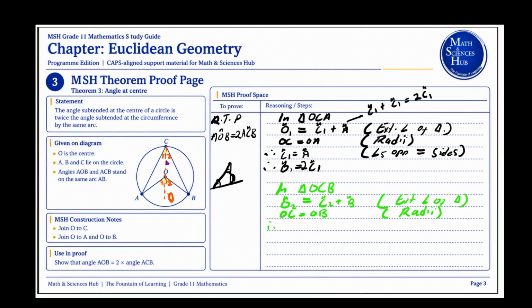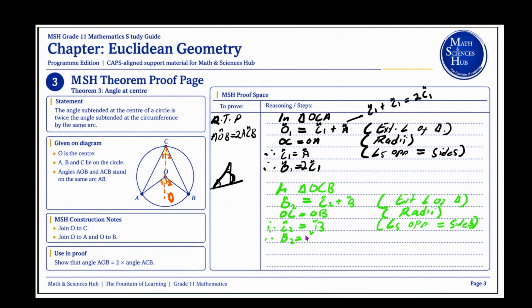Therefore, if these two sides are equal, we have another isosceles triangle, OCB, so the base angles are equal. Therefore angle C2 equals angle B, and our reason is angles opposite equal sides. Therefore angle O2 equals what?